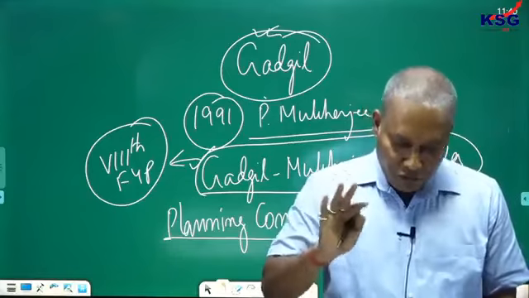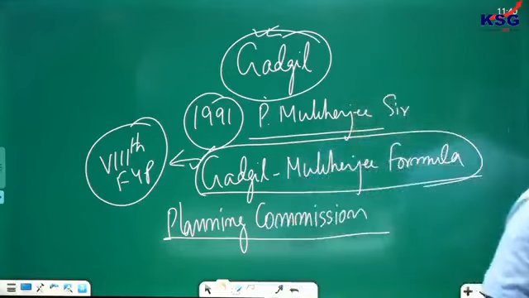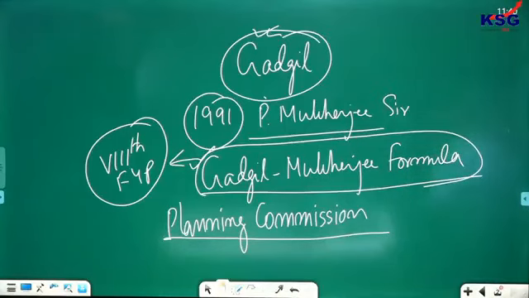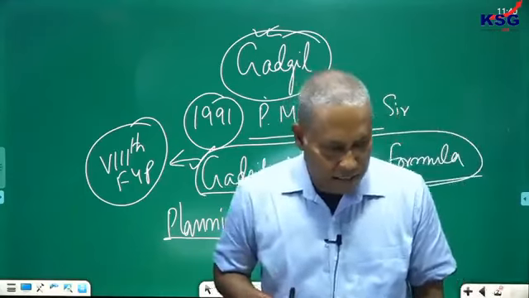One more point, you write 15th Finance Commission under the chairmanship of Mr. N.K. Singh. Write it in this way: 15th Finance Commission under the chairmanship of Mr. N.K. Singh.